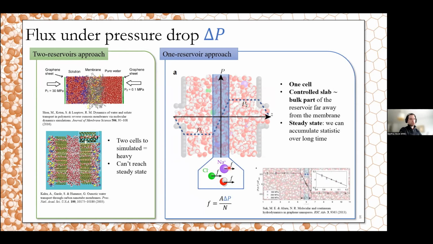It's just a force balance. By doing that, you keep the periodicity of the system, and you can reach a steady state. The particles just flow under this pressure drop, so you can accumulate statistics over a long time.